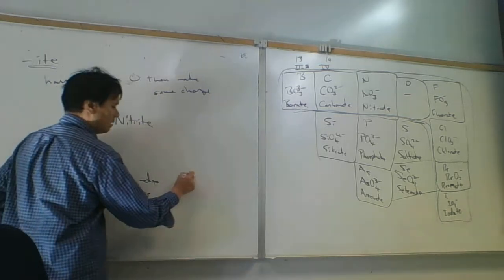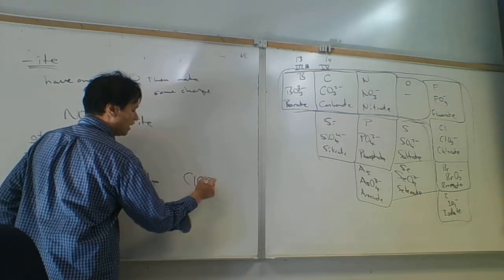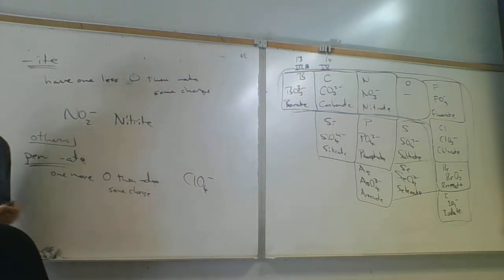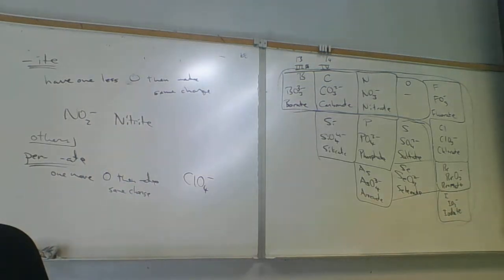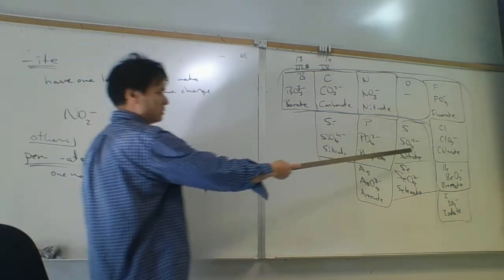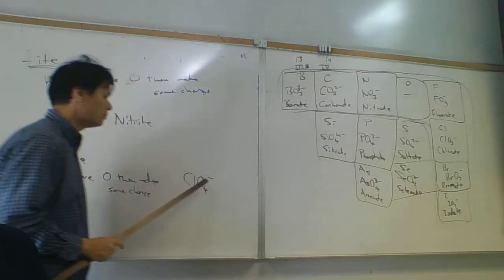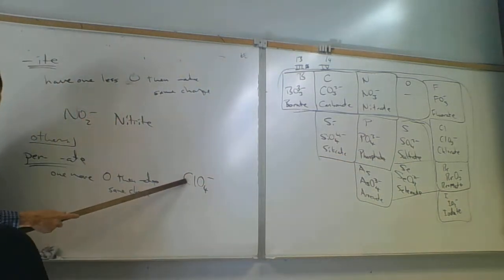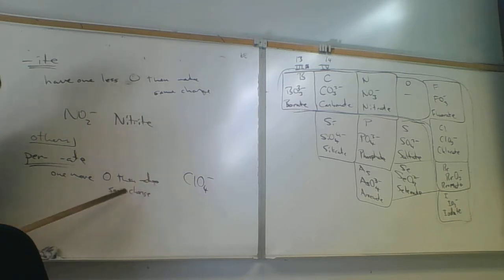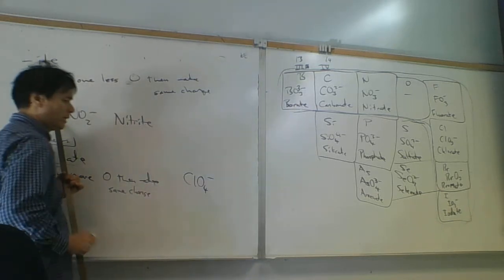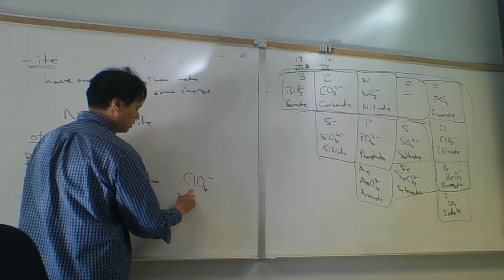So for example, ClO4 minus. Well, ClO4 minus, if I look at it, it looks like ClO3 minus. Right? ClO3 minus is chlorate. This has one more oxygen, same charge, therefore this is going to be perchlorate.